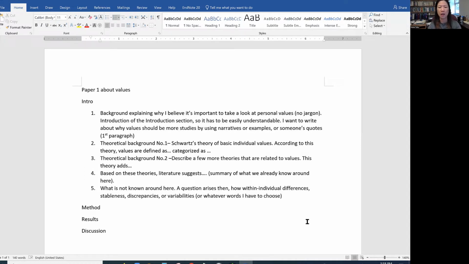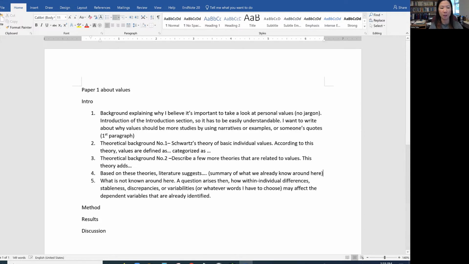A question is, how would those ideas affect the dependent variables that are already identified? Because in paragraph 4, literature suggests the.